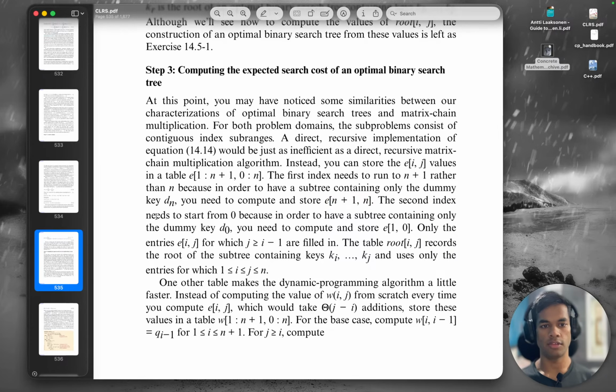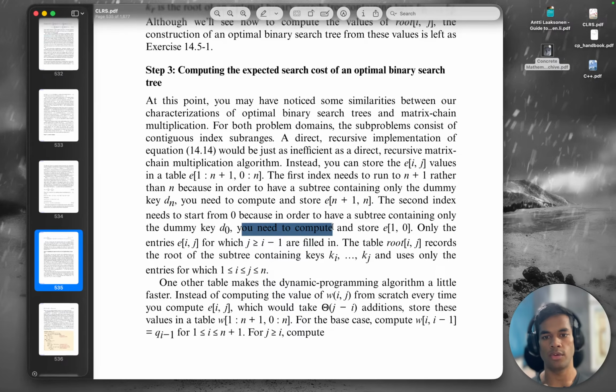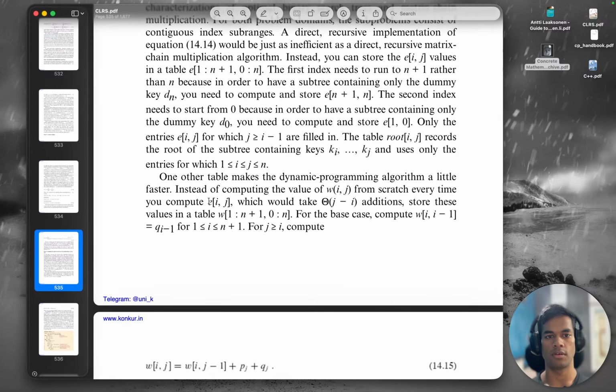The second index needs to start from 0, because in order to have a subtree containing only the dummy key d_0, you need to compute and store e[1, 0]. Only entries e[i, j] for which j is greater than or equal to i minus 1 are filled in.